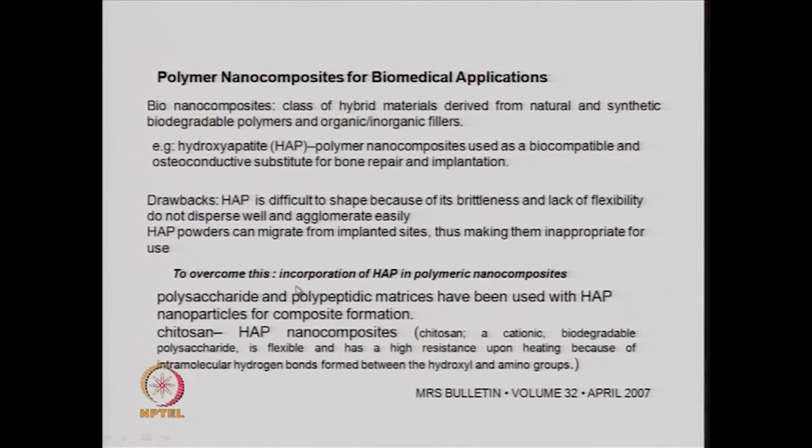So, to overcome this, instead of using pure hydroxyapatite, you incorporate the hydroxyapatite in a polymer to make nanocomposites.